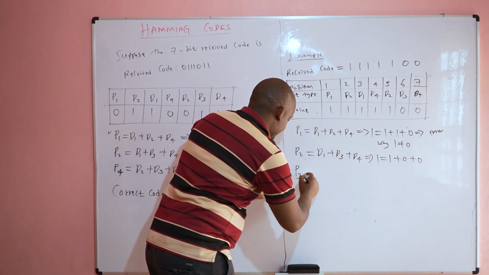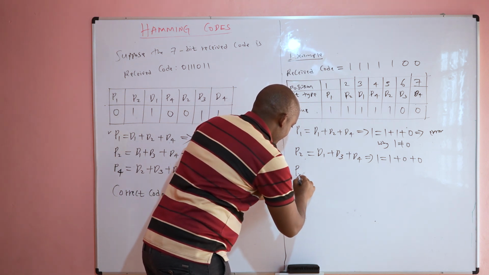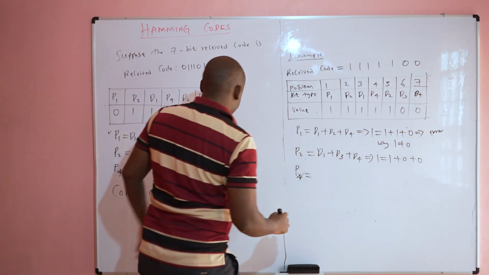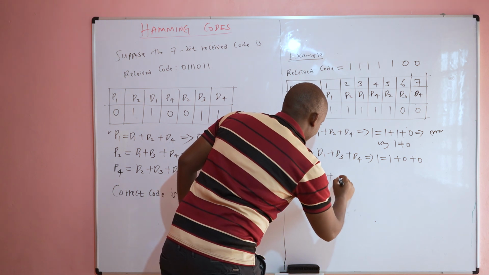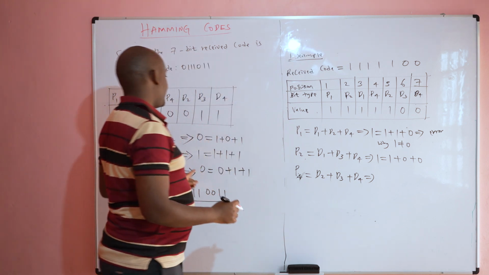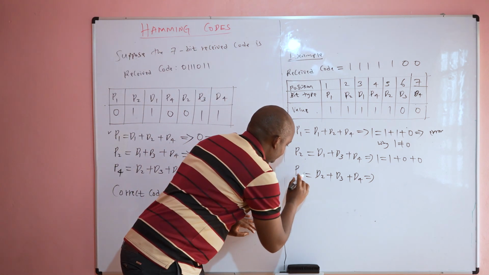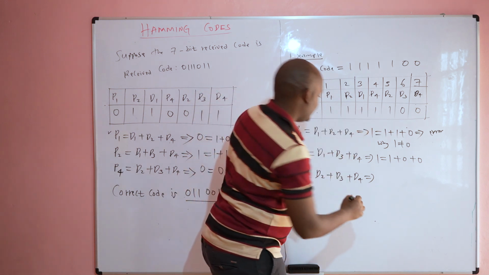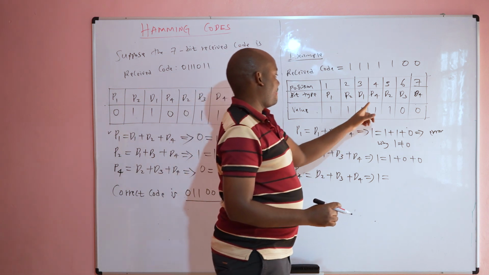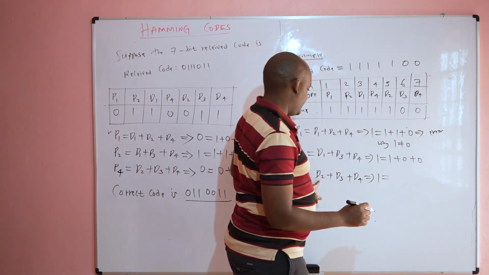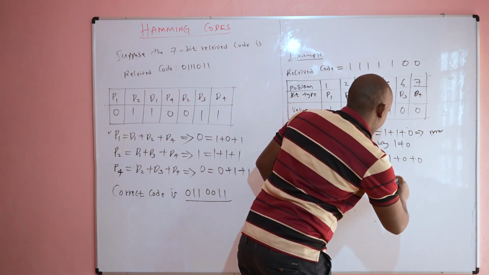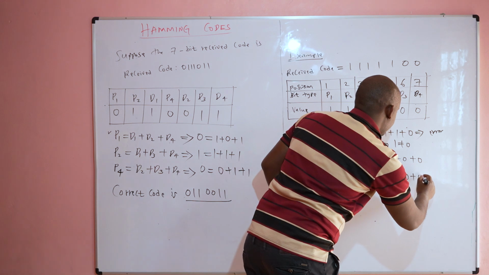So we look at P4. P4 is always given by D2 plus D3 plus D4, which implies that our P4, which is 1, will be equal to D2 plus D3 plus D4. So we have 1 plus 0 plus 0.